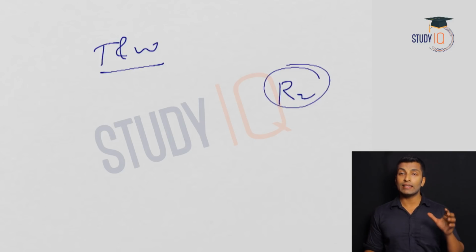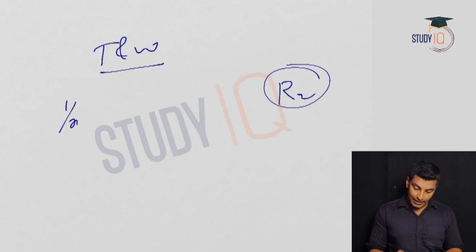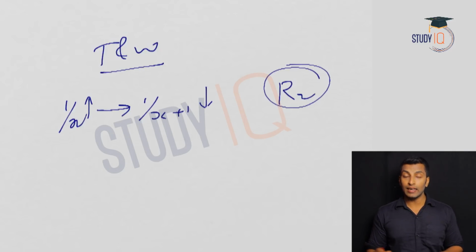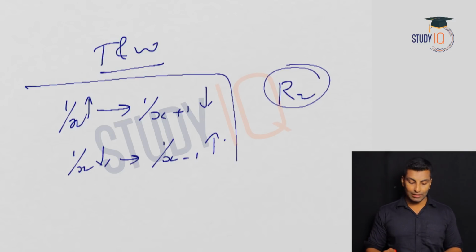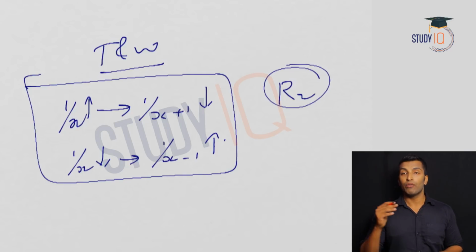Otherwise the easy method is always the product constancy rule, because it can be applied across topics. And we have seen that a 1 by x increase in one aspect will lead to a 1 by x plus 1 decrease in the other, and a 1 by x decrease in one aspect will lead to a 1 by x minus 1 increase in the other. That's the product constancy rule, right? We will come to that.